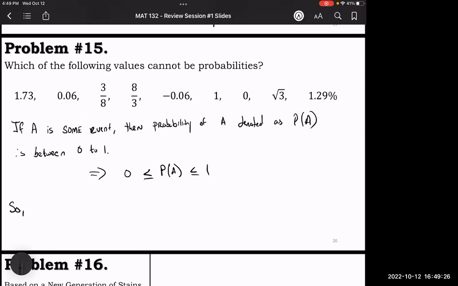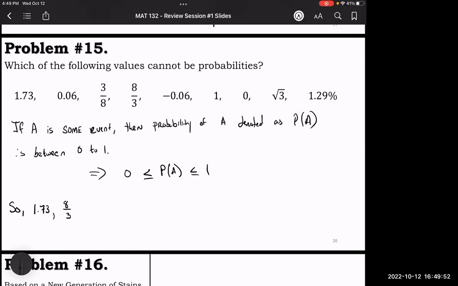So which values cannot be probabilities? Can I get one value? That's right, 1.73. What else? 8 divided by 3, definitely, because those are values greater than 1. Is there any other value that's greater than 1? Yes, there is.